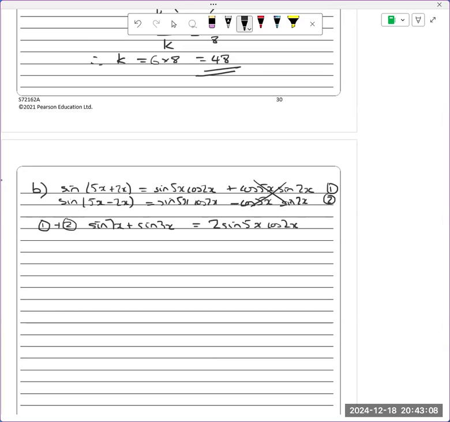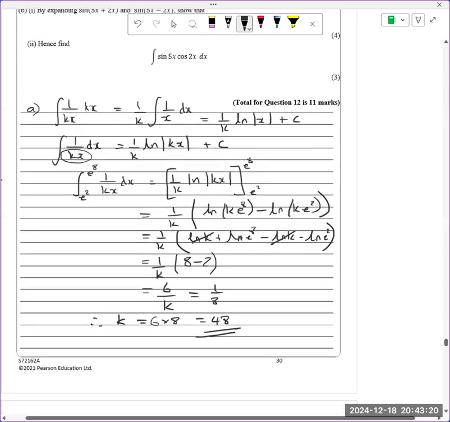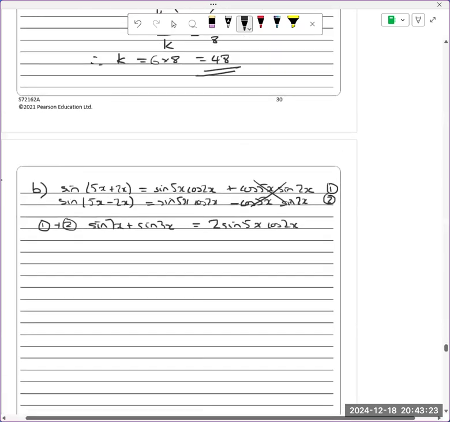So that's all you had to do there. Believe it or not, that was 4 marks for that. And then hence integrate sine 5x cos 2x. So that was part 1.